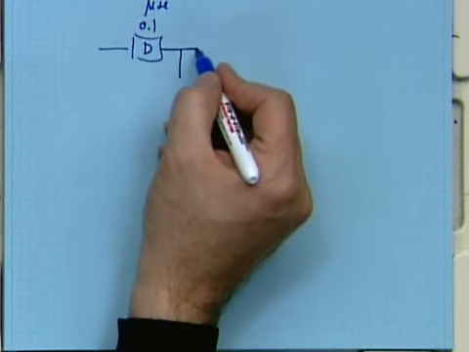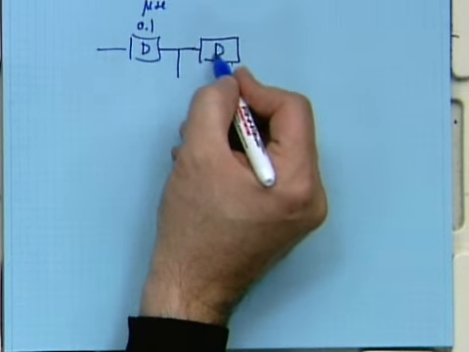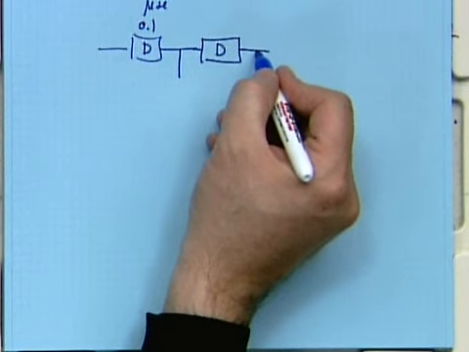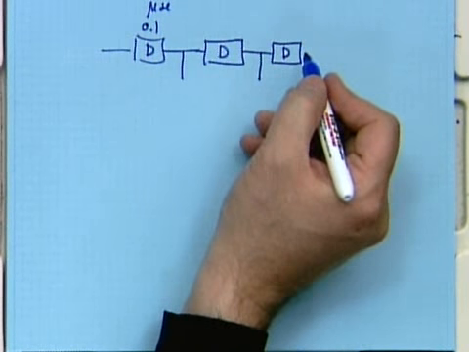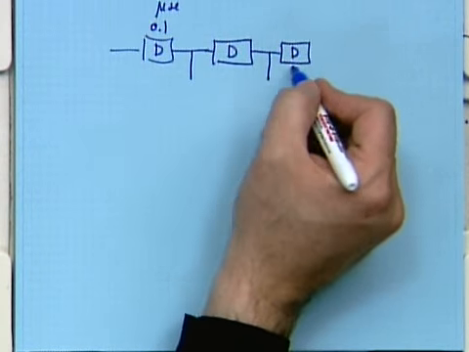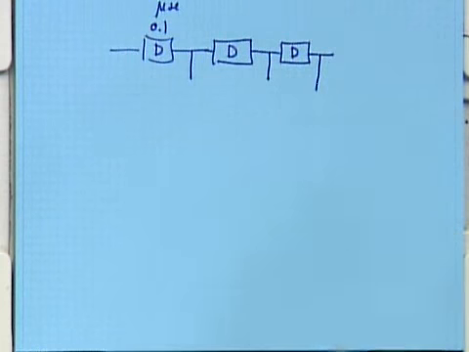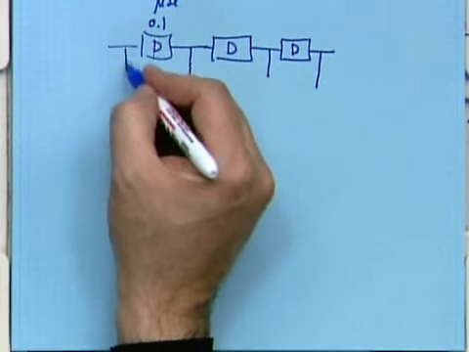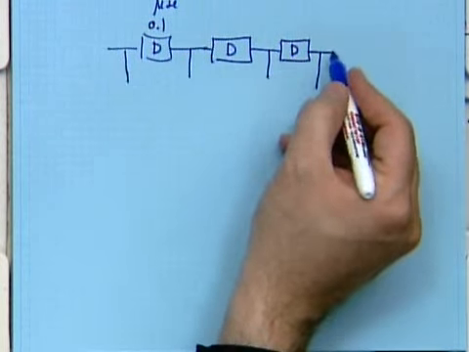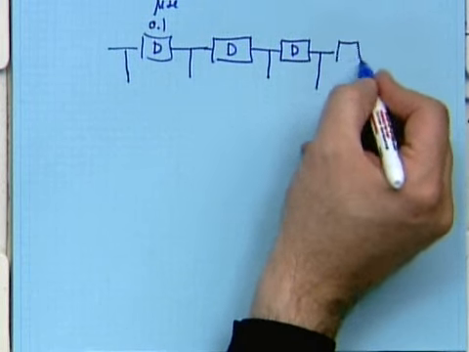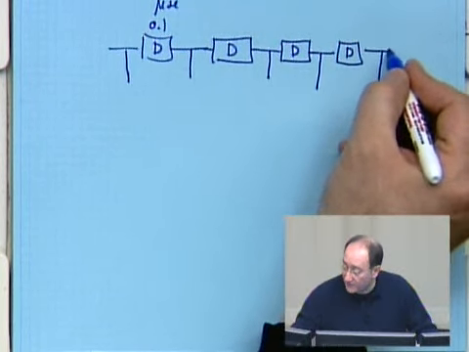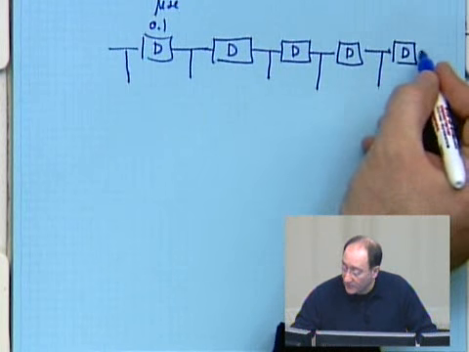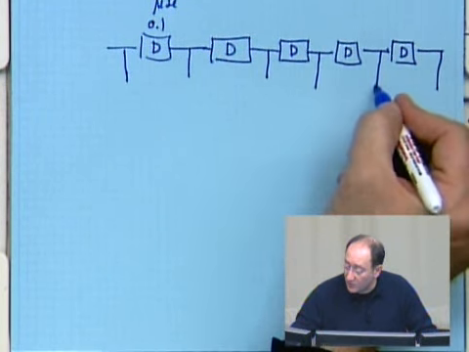Then I have another delay of the same amount, so here is my second tap, another delay of the same amount, and I have the third tap, and then I have the fourth and fifth tap.